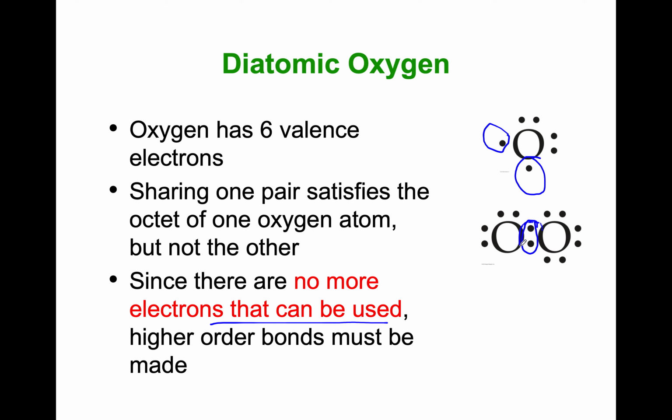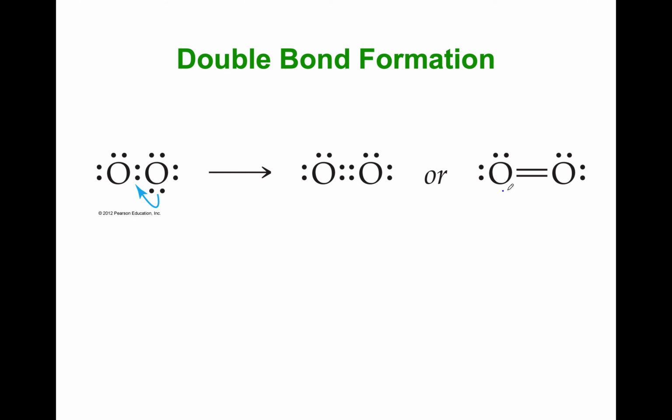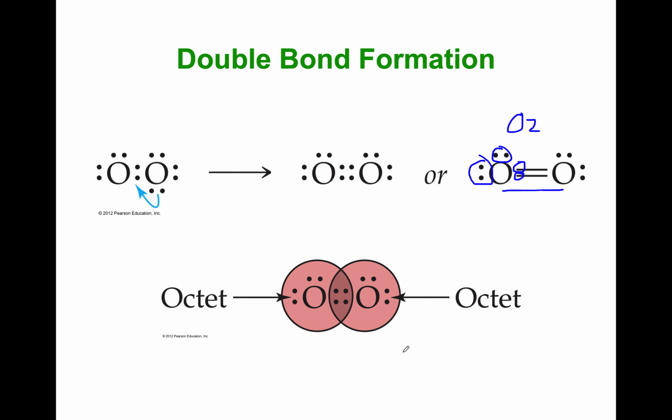And remember, bonds are between the atoms. So what we're going to do is add another bond here. So that looks like this: diatomic oxygen with a double bond and 2 lone pairs. Now you can count them: 2, 4, 6, 8 electrons around this oxygen and the same around this oxygen. And now you can see them here a little bit better.